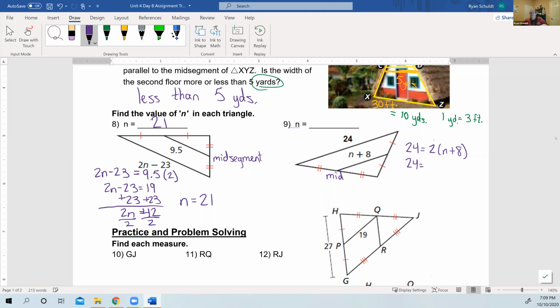Which means I've got to distribute my 2. So that's going to be 2n plus 16. Subtract 16. 24 minus 16 is 8. That's equal to 2n. Divide by 2, and you get n equals 4.